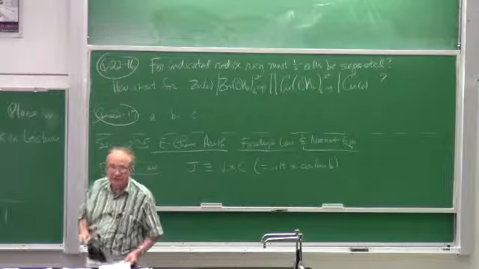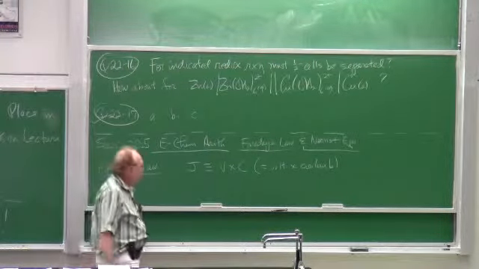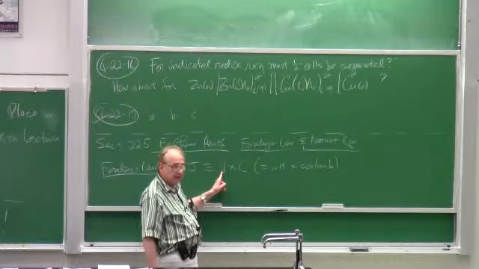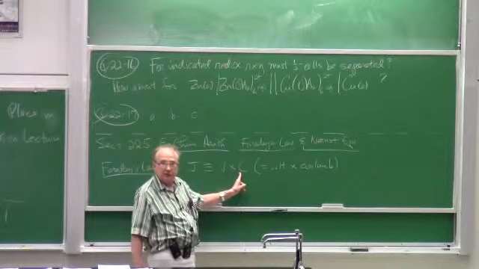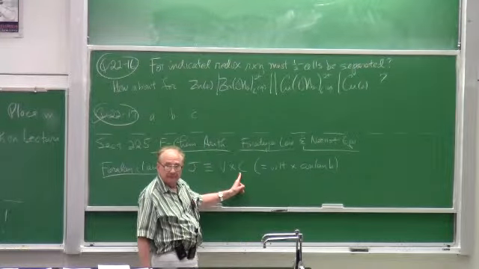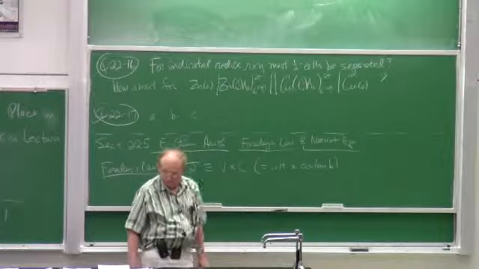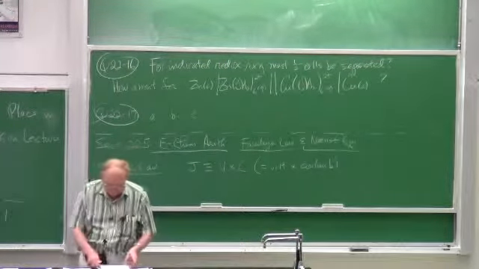The joule, an energy unit, is identical to volts, a measure of potential, times the electric charge unit, the coulomb, symbol capital C. All right?